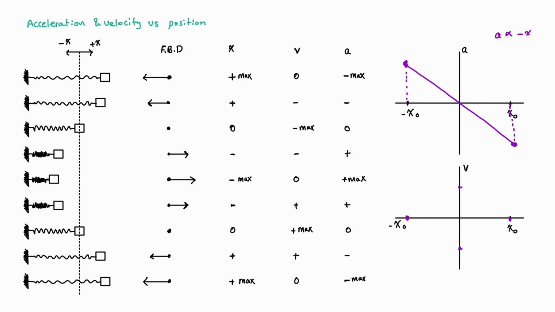Note that the acceleration is really large at these points, so the velocity changes very rapidly at this point, but the velocity doesn't change nearly as rapidly when it gets to this point over here. So initially it changes quite a bit, but it slows down. And if we continue this, it will look like an ellipse. And these are the graphs of velocity and acceleration with respect to the displacement of the objects.